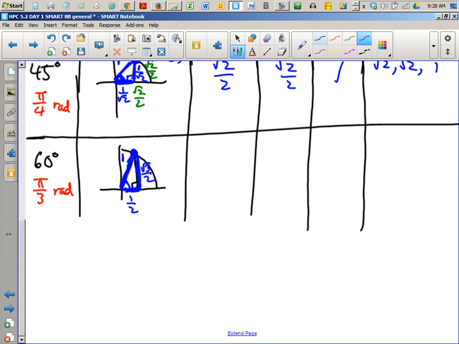That means the coordinates of this point at 60 degrees are officially 1/2 comma rad 3 over 2. So sine is rad 3 over 2. Cosine is a half. Tangent is the ratio of y over x, which just gives you rad 3. And the three reciprocals are 2 rad 3 over 3, comma 2, and rad 3 over 3. Already rationalized for you.